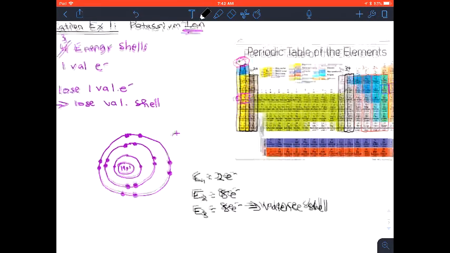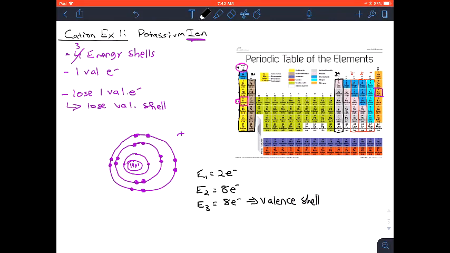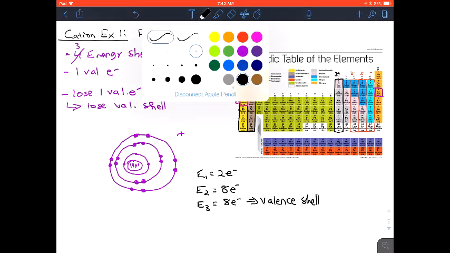Now, you might be thinking to yourself, oh, wait a minute. How is it that if we remove electrons, we have a positive charge? Well, there's a couple ways I want you to think about it, and you decide which one is best for you. Okay? So, myself, I'm a numbers person.